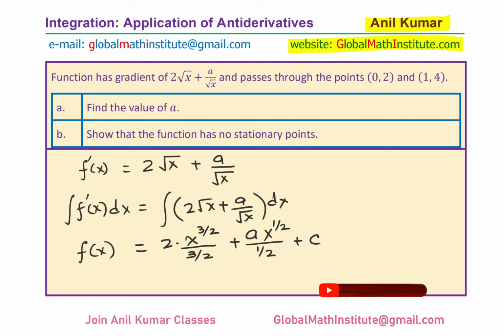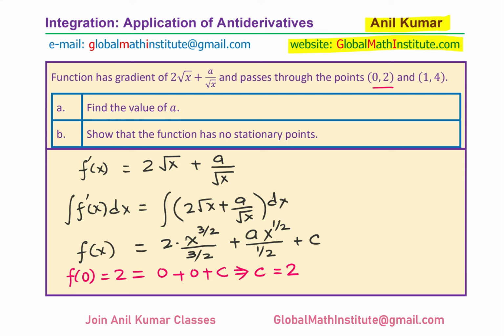To find the value of the constant c, we can substitute one of the points given to us, which is (0, 2). Since we know that f of 0 is equal to 2, substituting 0 here, we get 0 plus c gives us the value of c as equal to 2, correct? And so we have the function now.